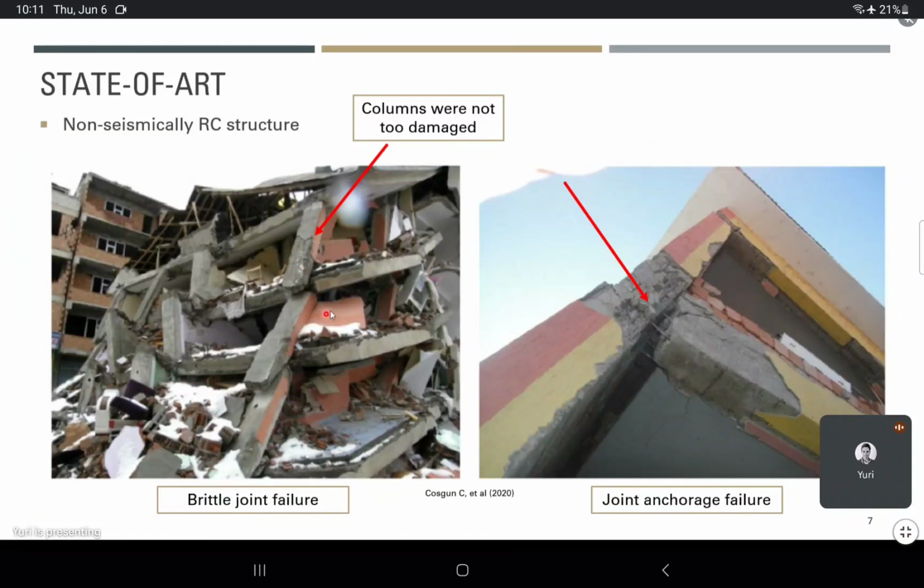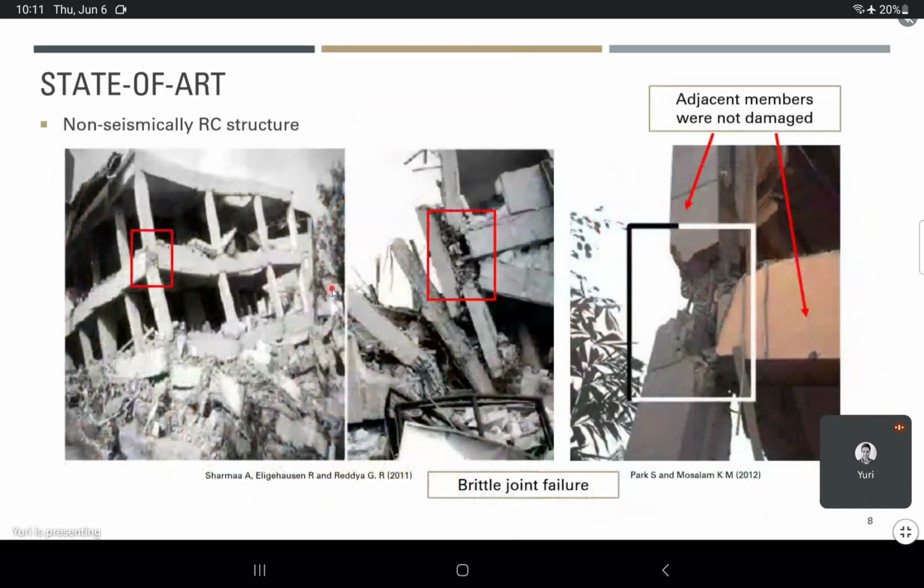This is towards the beam-column connections, which can create a brittle failure and overall building collapse, and also a joint anchorage failure. You can see here that joints were pretty much damaged and the other members were not as much. Other examples of joint failures, and you can see that these adjacent members are not too damaged.